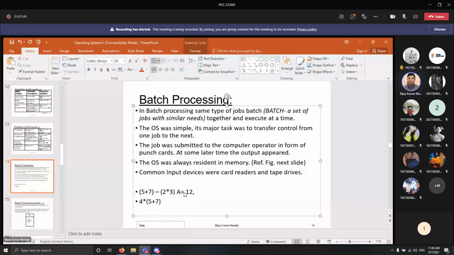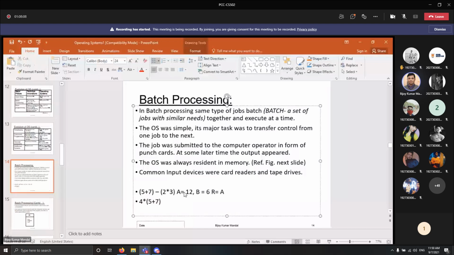In register B, we store the value of 2 into 3, meaning 6, and R equals A minus B, that is 6.